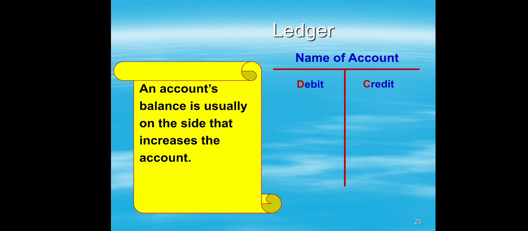You write the name of the account on the top of the T, and then the left side of the T account is called the debit side, and the right side is called the credit side.